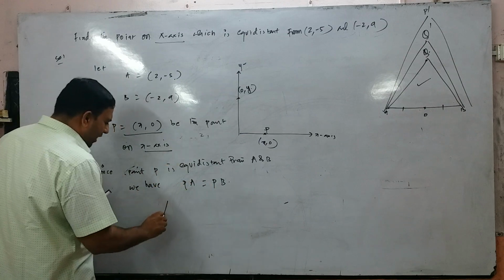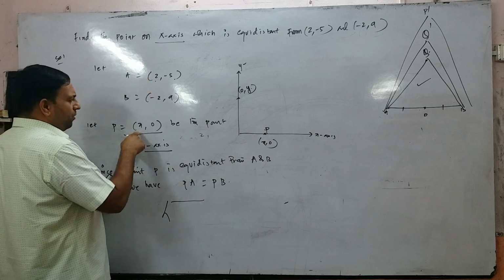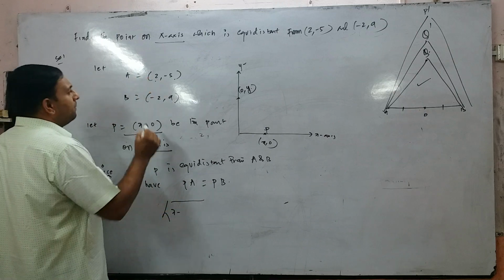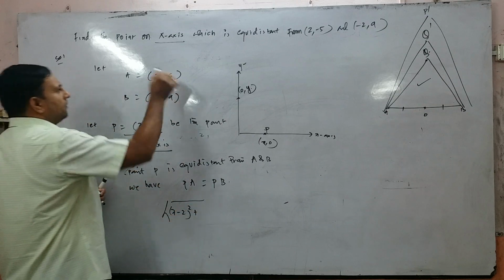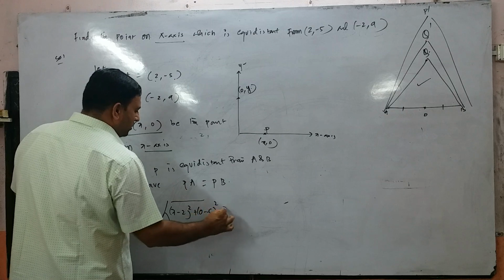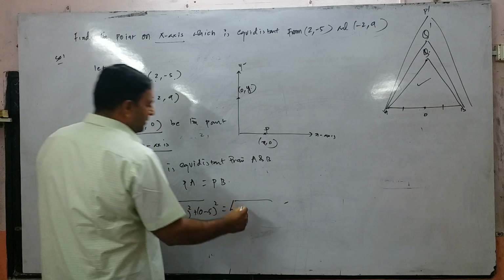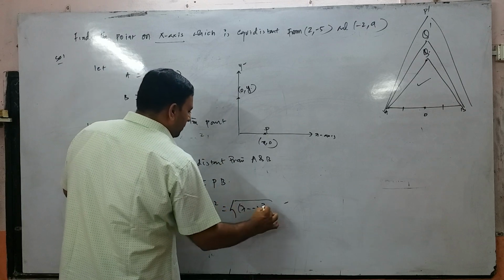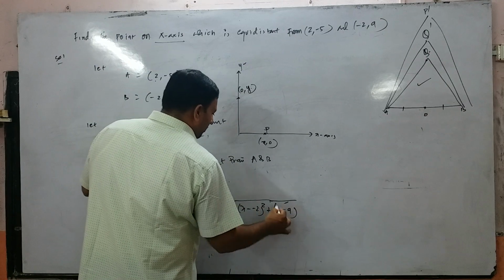Now what is distance PA? Distance formula. This is your A, this is your P. It is square root of x minus 2 whole square plus 0 minus 5 whole square. What is distance PB? Distance PB is square root of x plus 2 whole square plus 0 minus 9 whole square.